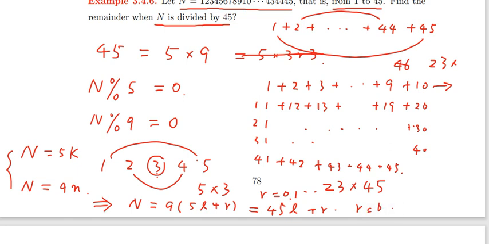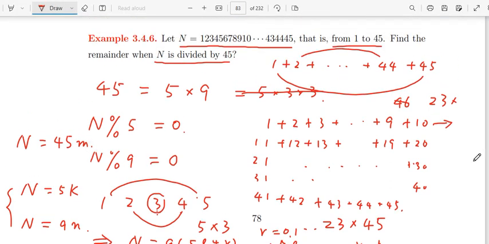So we say n equals 45 times some integer. Okay. So like if n divided by 5 has remainder 0 and n divided by 9 has remainder 0, we can get this conclusion: n divided by 45 has remainder 0.